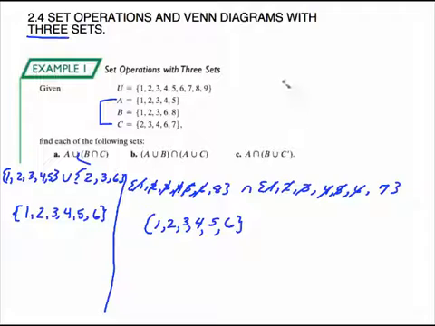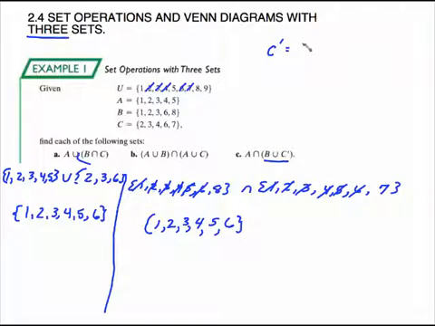The next one I'll do up here says A intersect B union with the complement of C, or not C. Do what's inside the parentheses first, which is B union not C, but I better get the not C to begin with. So not C, remember, is to look at set C and eliminate everything out of the universal set that's in C, which is 2, 3, 4, 6, 7.